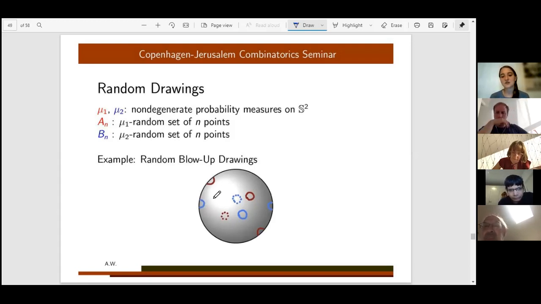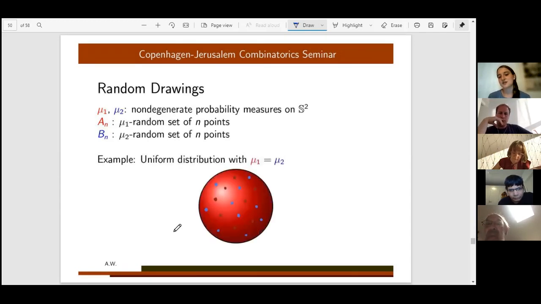This will give us random blow-up drawings. Or we could just think about uniformly taking the red and the blue points. And then we get a picture maybe like this.